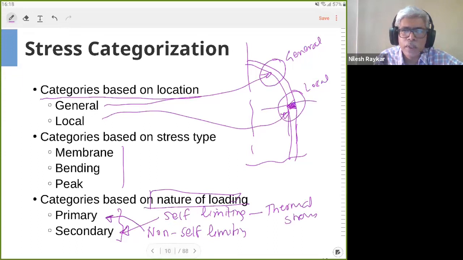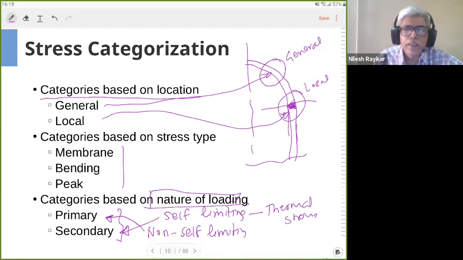Because when you are giving a finite displacement, once that displacement is achieved, there is no further loading which is going to occur. And while that displacement is getting achieved, the material may enter the plastic zone, and once it enters the plastic zone, its resistance to that motion decreases.